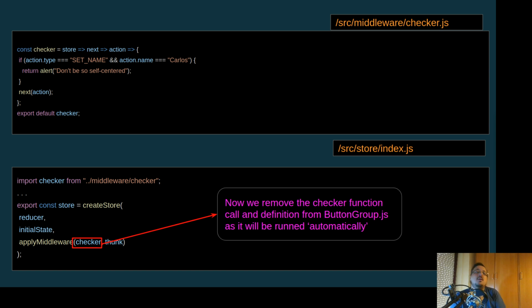Now you see how the code would be in the store. That third argument of createStore is applyMiddleware, in this case checker and thunk. Before we just had thunk, and now we have checker and thunk, and all the middleware we are adding would go inside of this.